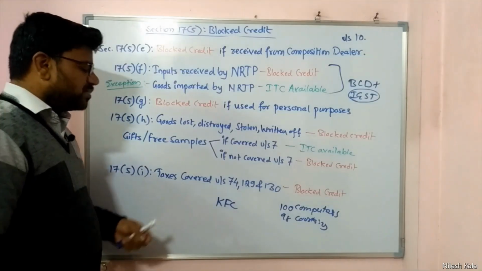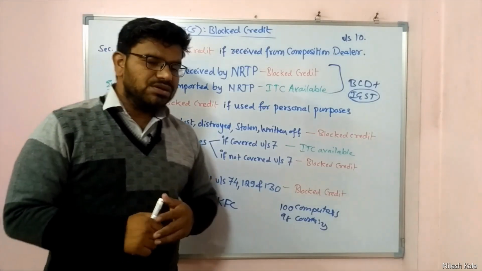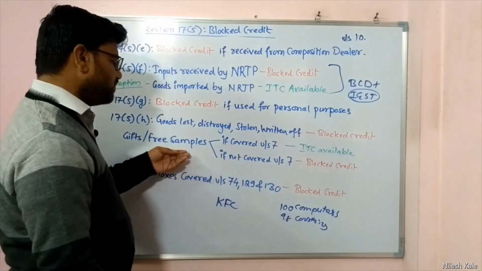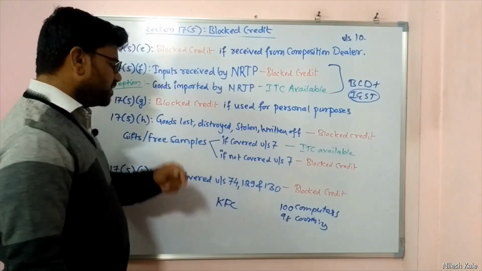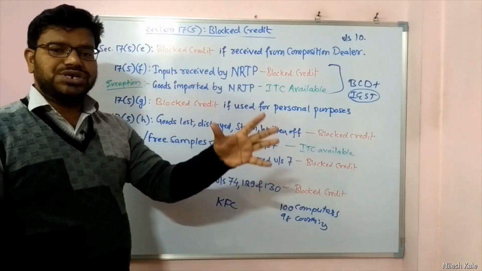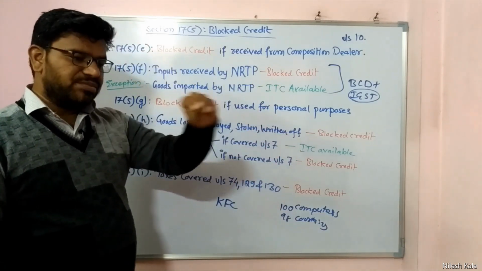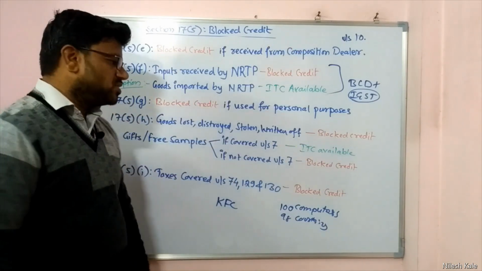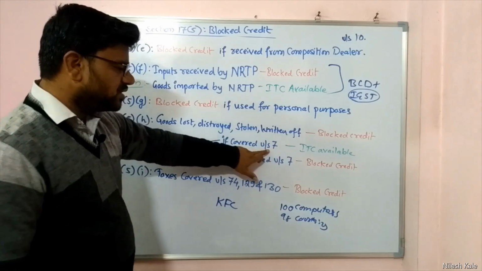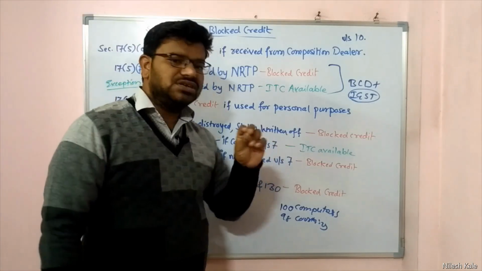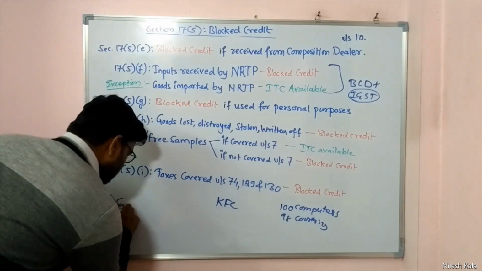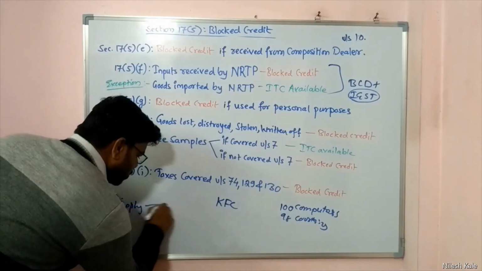Free gifts and free samples. Many pharmaceutical companies, we always give the example of pharmaceutical companies when it comes to free gifts and free samples, right? Because they are giving them in high, large quantity to every doctor. Every pharma company gives free samples. If it is covered under section 7, ITC is available. What is this section 7? Section 7 deals with supply, and supply has two conditions.